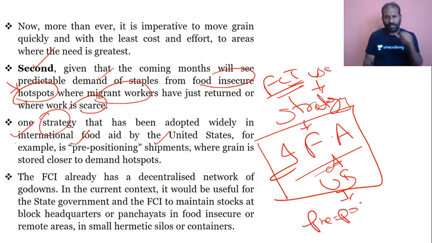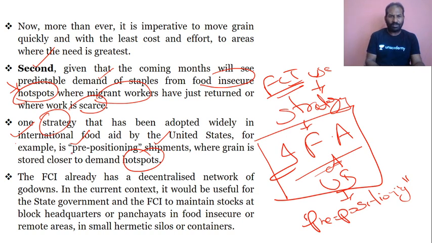This is very important. Pre-positioning of the shipment, that is of the food grains, where grain is stored closer to demand hotspots. Look at the way the author is talking about it, and we are getting definitely very valid points here.